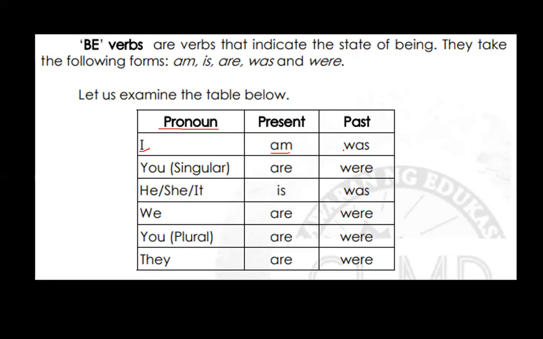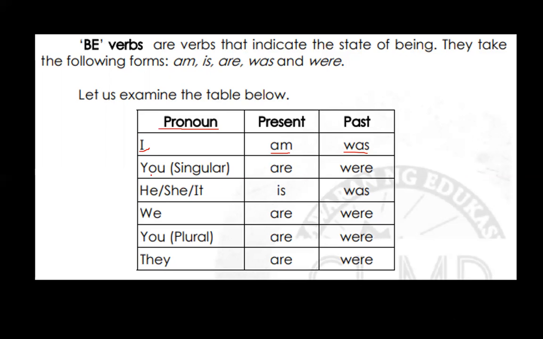Now we are going to use the past form "was" if the story that you are telling had already happened. Gumagamit po tayo ng "was" kapag nangyari na po yung ating sinasabi.